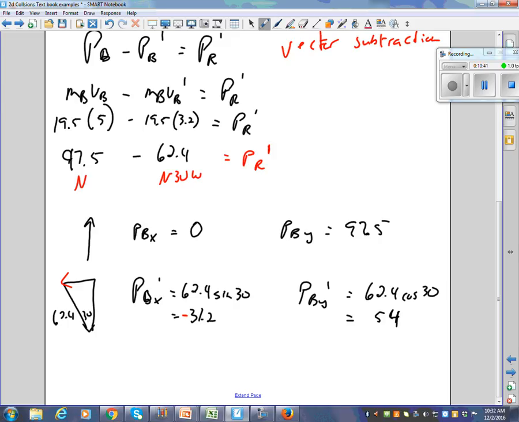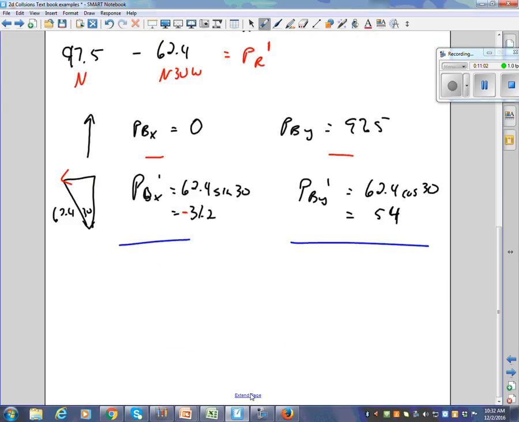Okay. Now, we've already established that we're doing vector subtraction, so we're going to take this value here, subtract this one. So really, we can show it like subtraction, right? That's what we're doing. We're doing this, subtract that. And what is that going to equal? It's going to equal our momentum of the redstone after the collision, which we will label here PRX prime, I guess, because it's after collision, is going to equal 0 minus negative 31.2, which is just 31.2.